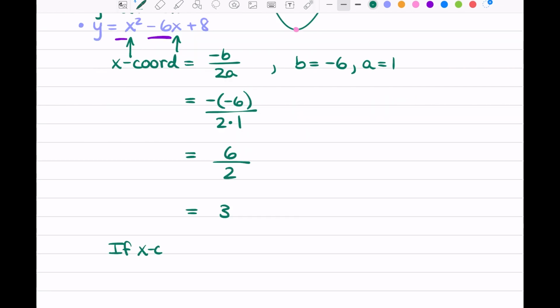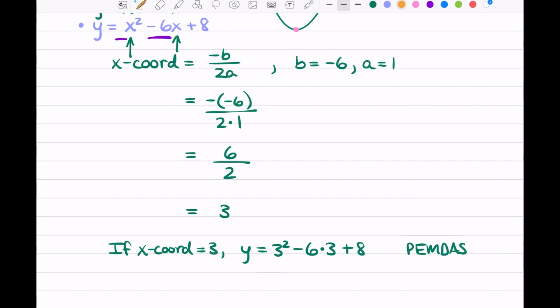So if the x-coordinate equals 3, then y equals 3 squared minus 6 times 3 plus 8. This gives us an opportunity to review our order of operations. So we'll put out our PEMDAS. P is for parentheses.